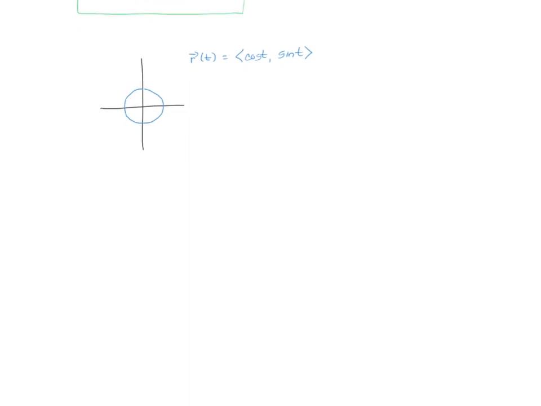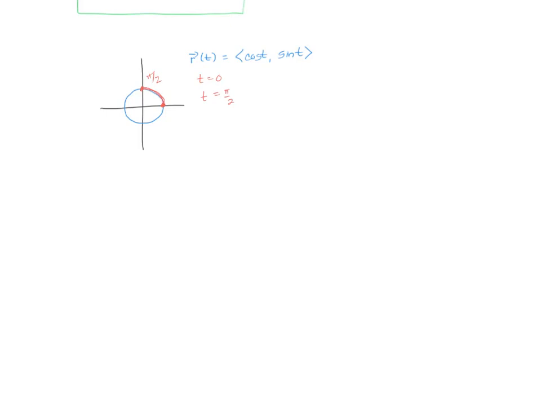So is it parameterized by arc length? Well, if it is, then for any t value I put in, the length of the arc should be equal to that t value. So for example, if I let t be equal to 0, I'm at this starting point here on the graph, and the length that I've traveled so far is 0. If I let t be equal to pi over 2, I've gone to this point, and the length that I've traveled is pi over 2.